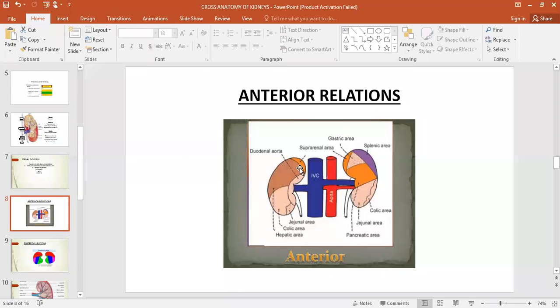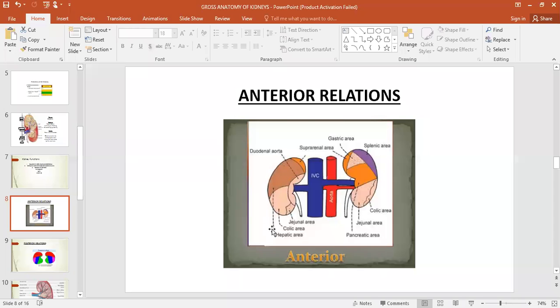Anteriorly there is the suprarenal area. These are the anterior relations of the right kidney: the suprarenal gland area, then the jejunal area. This is the jejunal area, not aorta, that was a spelling mistake.